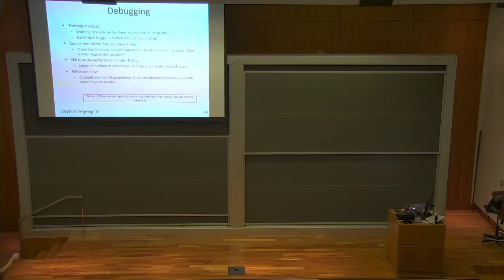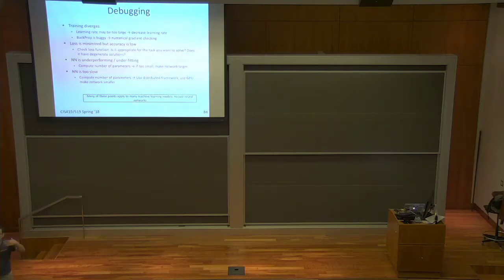I talked about if you have issues mentioned here. One thing that I want to highlight is that it might be the case that your neural net is not big enough for your task, and you can check it by looking at the performance balance between training data and test data.